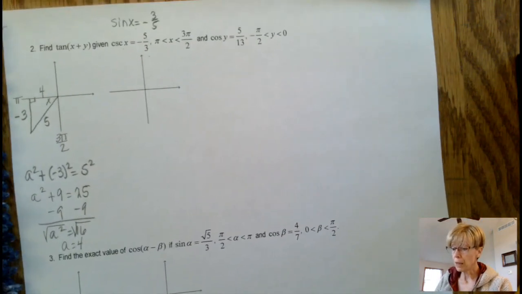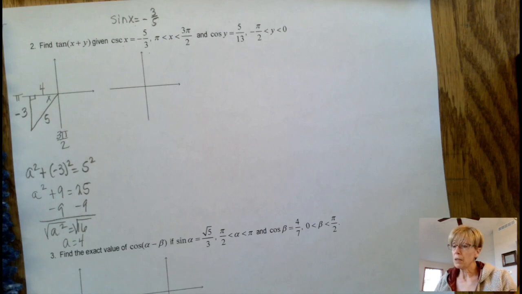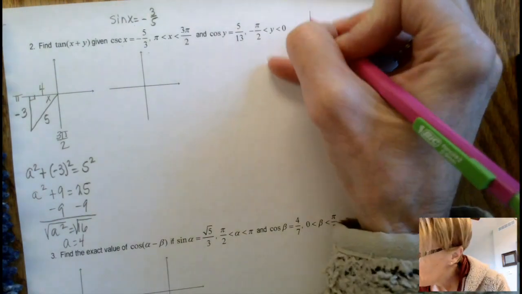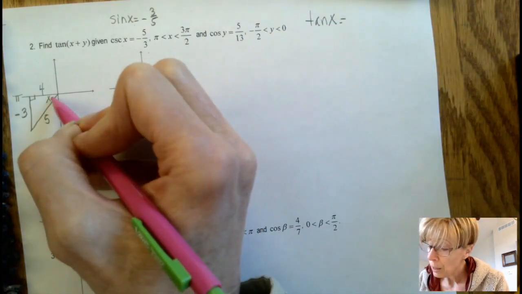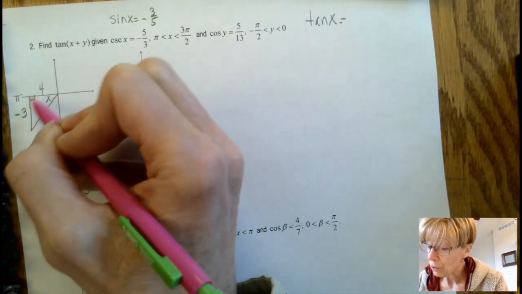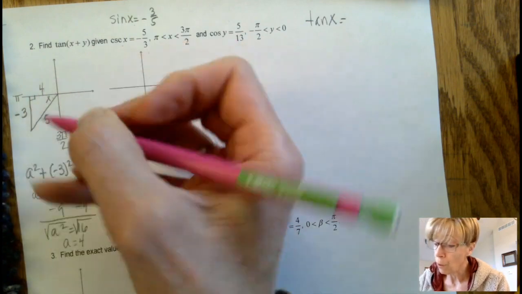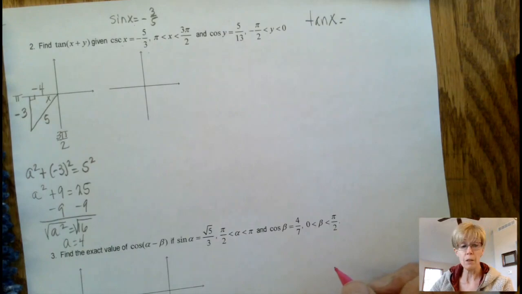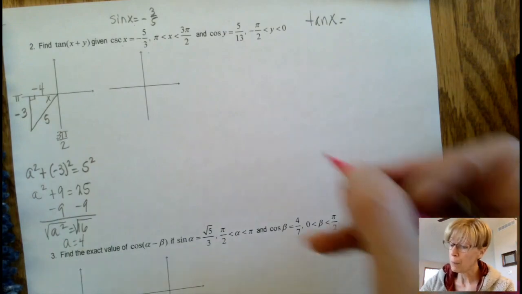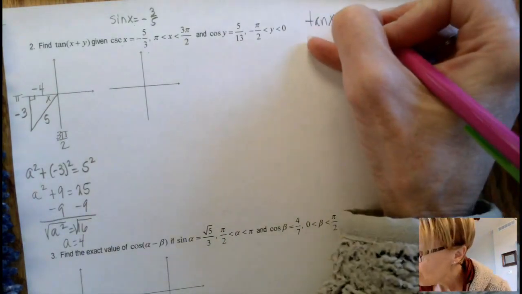When we look over here for y, we've got negative pi over 2, so we're going this direction, to 0. Drawing our bow tie triangle, not a very good one, but what we know then is that for y, the adjacent length is 5, because if we look across, that's the opposite, and then 13.